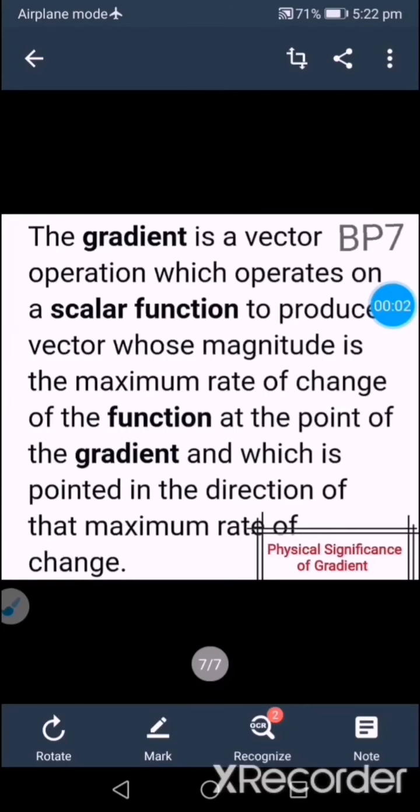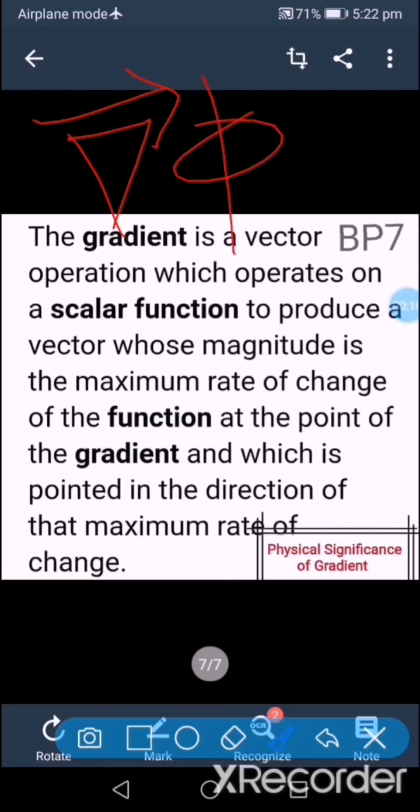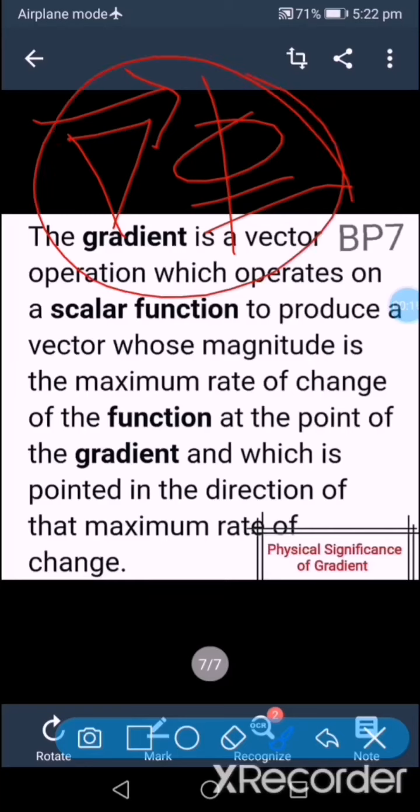The physical significance of gradient. The gradient is a vector operation which operates on a scalar function phi to produce a vector grad phi whose magnitude is the maximum rate of change of the function at the point of the gradient, means whose maximum value is mod grad phi, that is the maximum value of the directional derivative, and whose direction is along grad phi, the maximum rate of change.